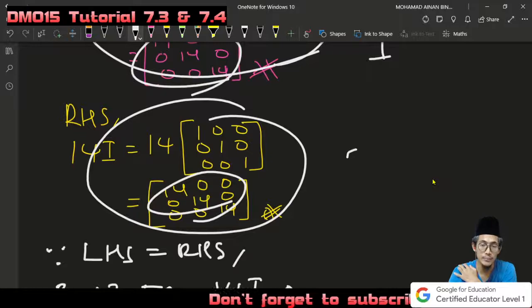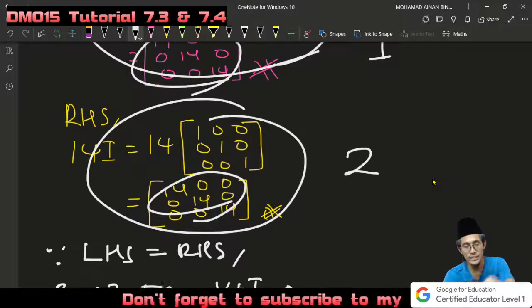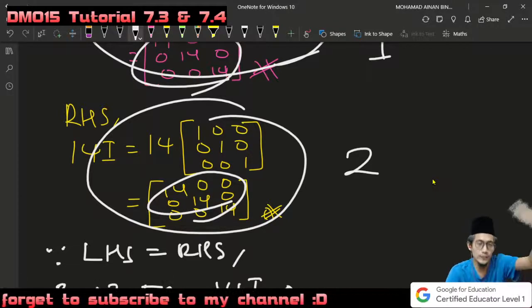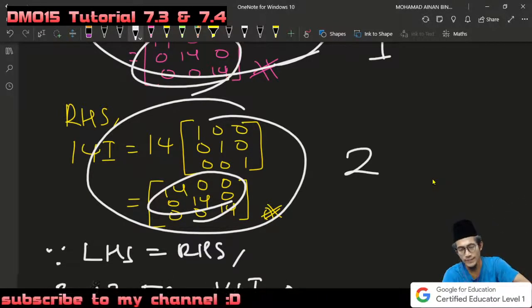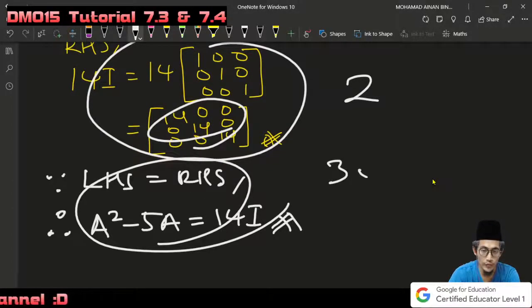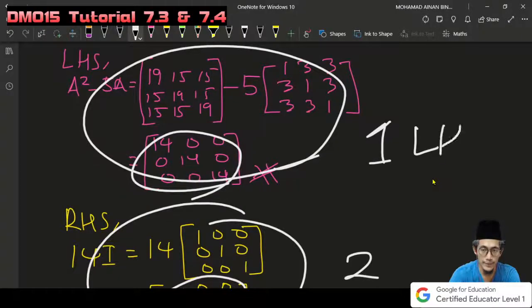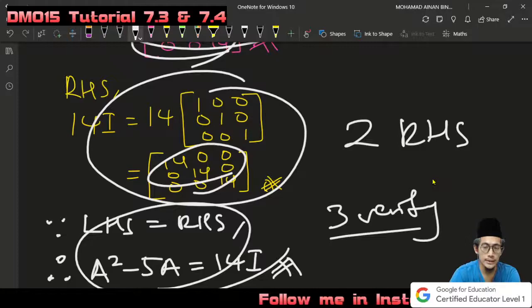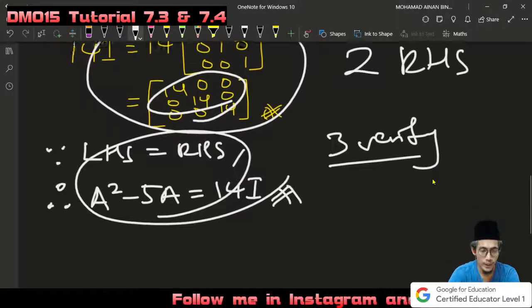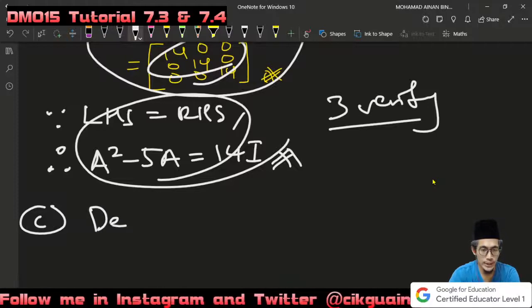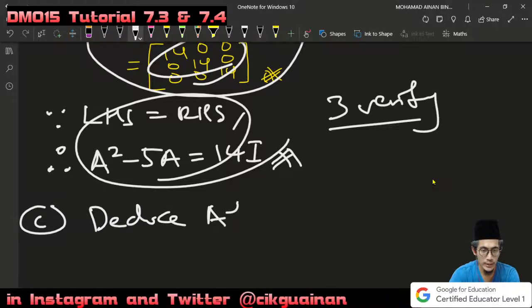The second step is finding the right hand side or left hand side. Mana-mana lah. Kalau dah find left hand side, cari right hand side pula. Kalau first step right hand side, second step, left hand side pula. Either way, no problem. The third step is to verify. Okay. First step, left hand side. Second step, right hand side. Third step, verify. Okay. Now, C. C asks us to deduce A inverse.